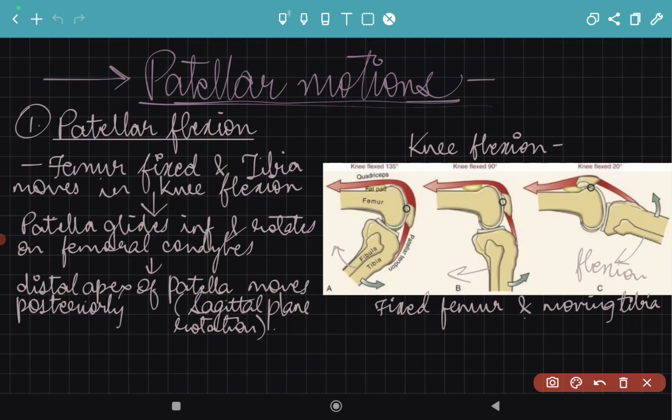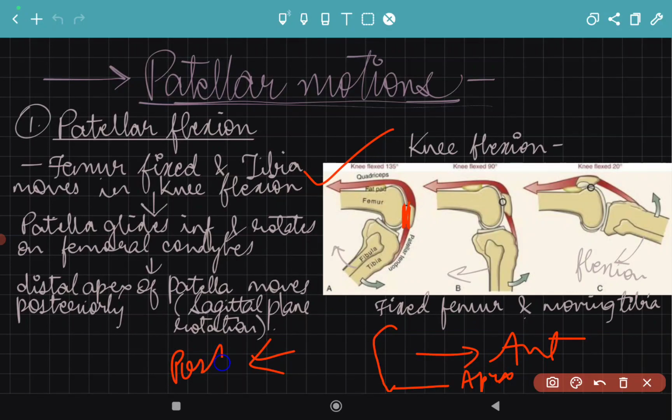It can be appreciated here also, as we are seeing the lateral view in this diagram. The patella is somewhat like this. This is the apex, this part is anterior, and this part is posterior. If the apex is moving downwards and rotating posteriorly while gliding downwards, that is patellar flexion.